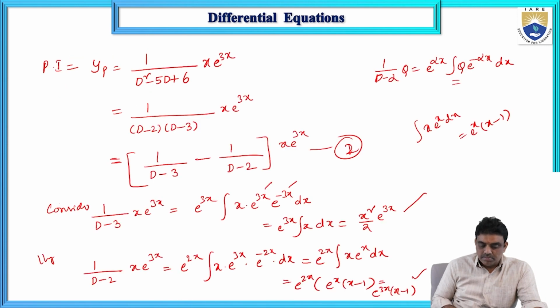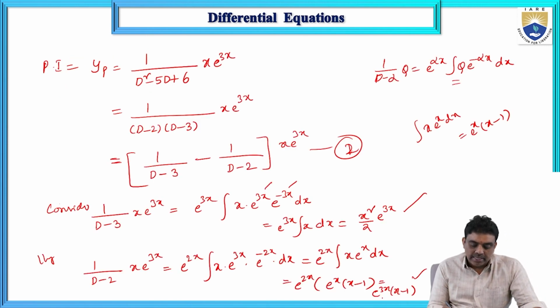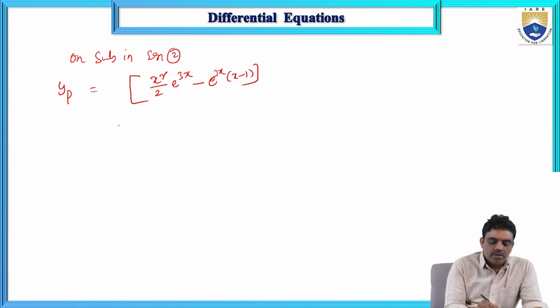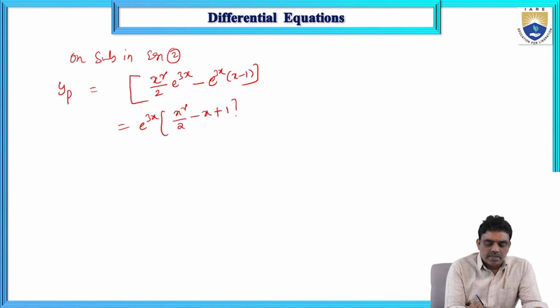What will be the second term? e power 3x into x minus 1, or e power 3x on taking outside, x square by 2 minus of x plus 1. So this will be the particular integral of the given problem.